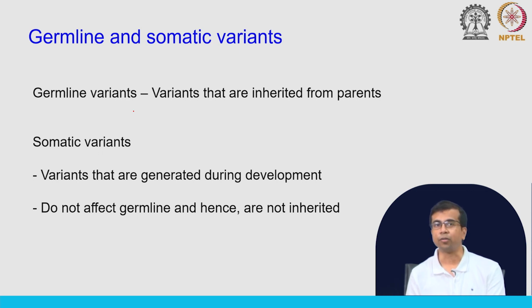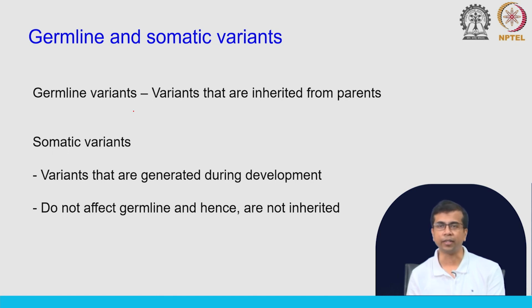So, these variants do not affect the germline and that is why they are not inherited. If you sequence the genome from tissue samples, some tissues might have these variants whereas other tissues might not, because these tissues originated from different cells, and some cells have these variants and some do not.